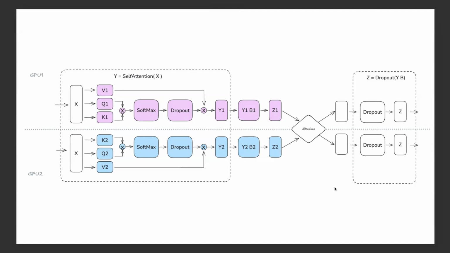So if we have a very fat matrix with multiple attention heads, when we do column-wise parallelization, each one of the GPUs can calculate attention for a single head. And then we combine the output as the multi-head attention result.